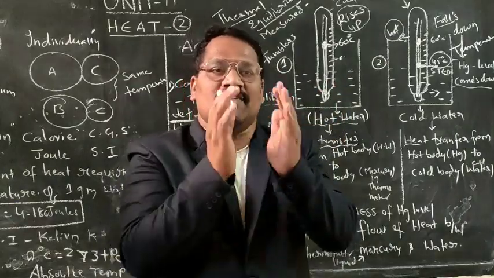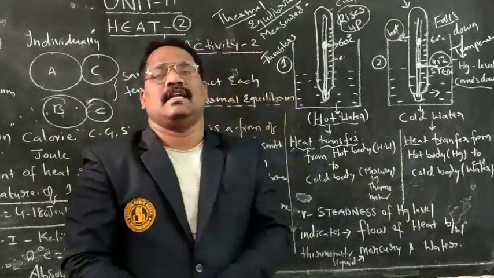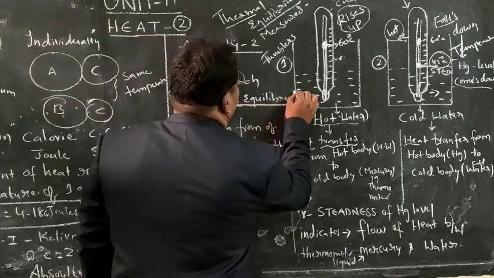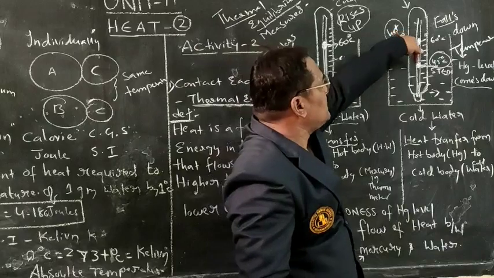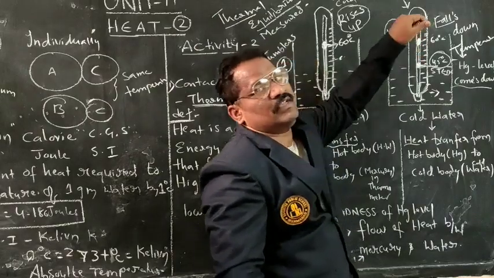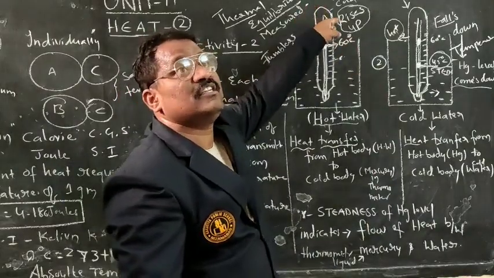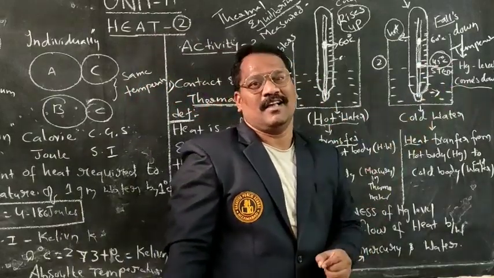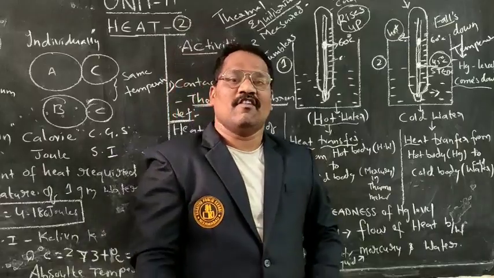It attains steadiness, and as it attains steadiness, it attains one nature. That nature is called thermal equilibrium. Therefore, the steadiness of the reading of the mercury level gives us nothing but what? Thermal equilibrium is measured by temperature. Therefore, temperature can be a measure of thermal equilibrium.